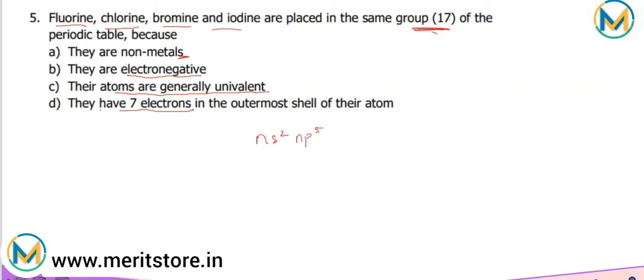Halogens, this group 17, have 7 electrons in their outermost shell and have the configuration ns2 np5. So the correct reason why fluorine, chlorine, bromine and iodine are placed in the same group 17 is they have 7 electrons in the outermost shell of their atom.